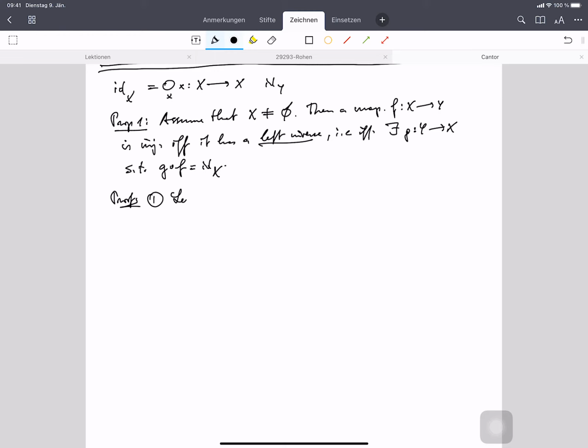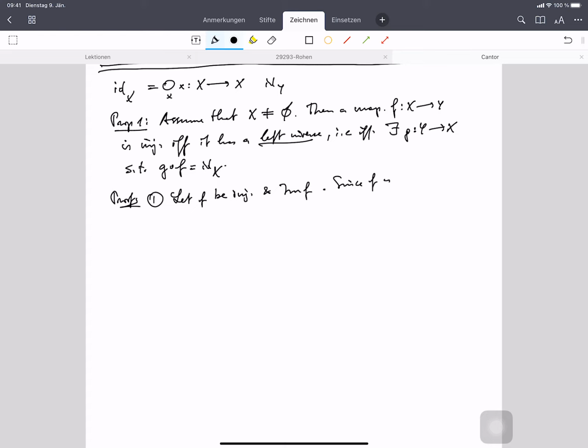Let f be injective and denote by im f the image of f.